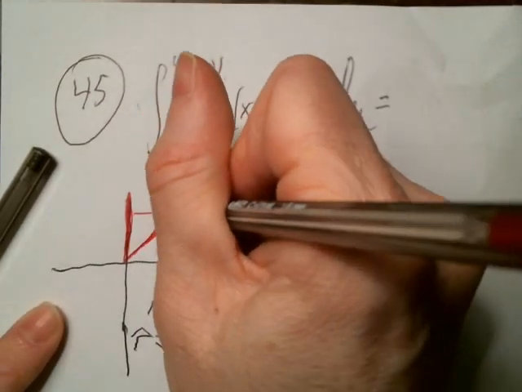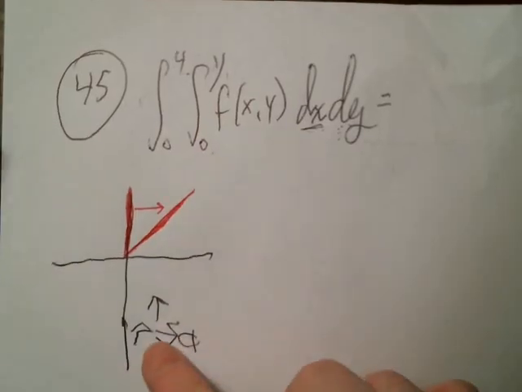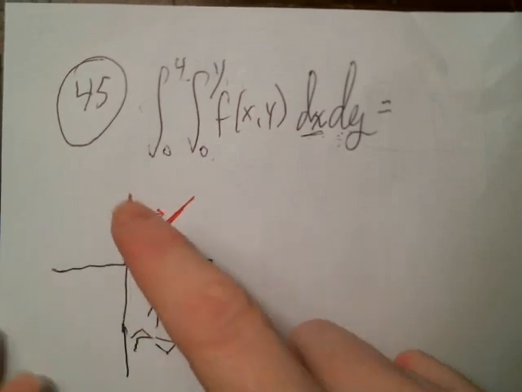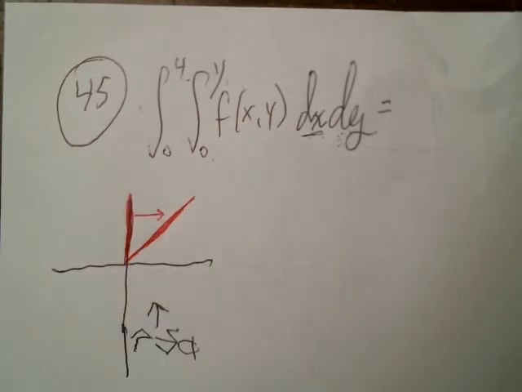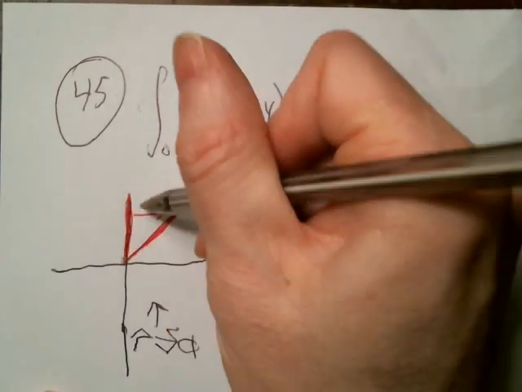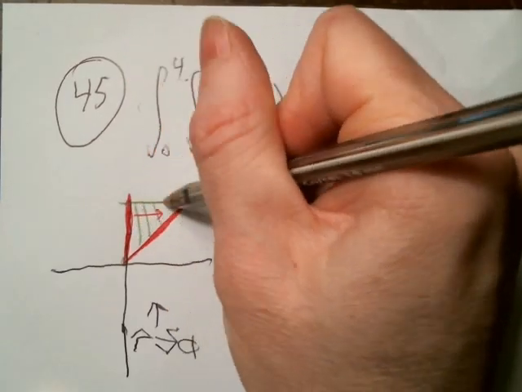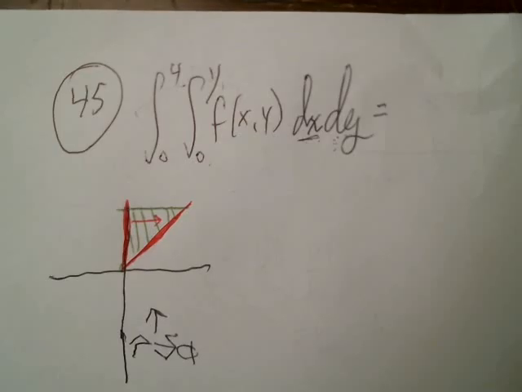And then the Riemann man is collecting areas based off of these regions from 0 to 4. So the Riemann man is going from y equals 0 to y equals 4, and that will enclose the region that we are worried about.